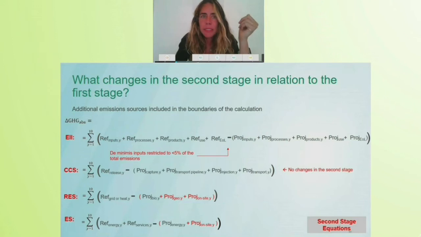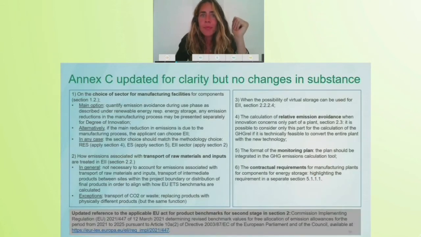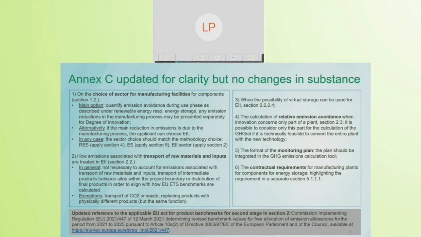So next slide, please. Here in Annex C, we have also made some improvements to the text to provide more clarity on points where we received more questions, which made us realize that perhaps they weren't so clear. This was particularly important to projects involving manufacturing of components that will be used in energy storage and renewable facilities.